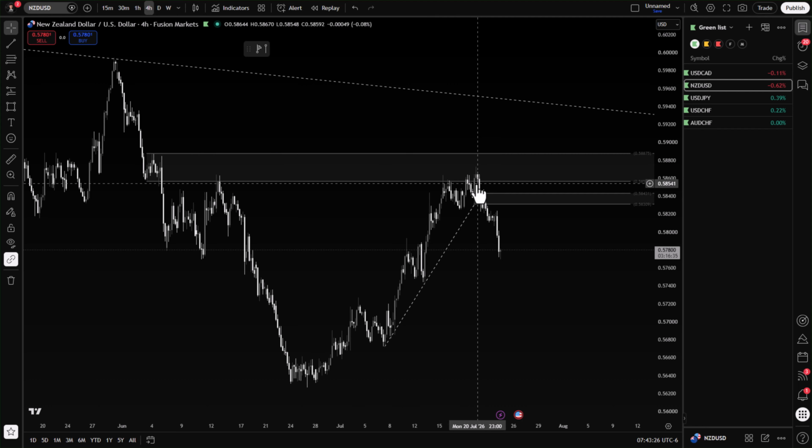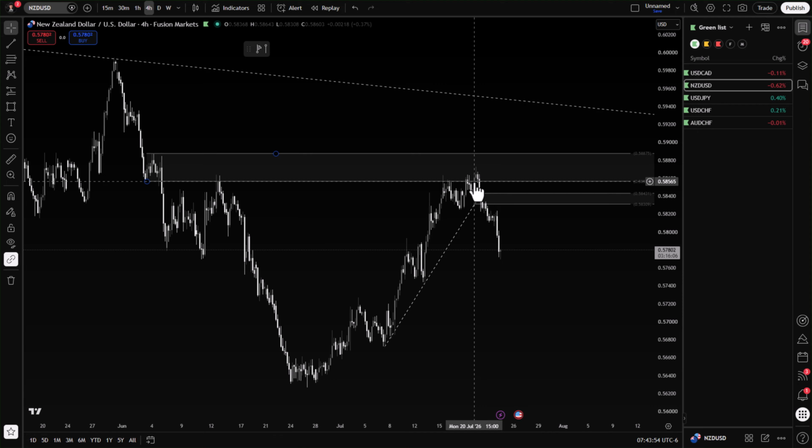Because this is a tested zone, and the more a level is touched, the weaker it becomes. It's the exact same thing with support and resistance. So I need to see more price action confirmation that tells me sellers are stepping in again. So let's sell. Simple as that.